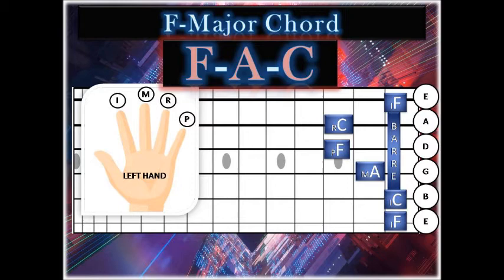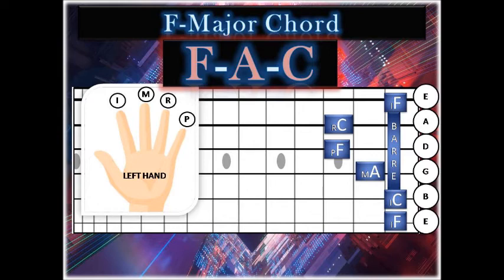Now the rest of the notes can be easily played with our remaining fingers, which are note C on the 5th string with the ring finger, note F on the 4th string with the pinky finger and note A on the 3rd string with the middle finger.